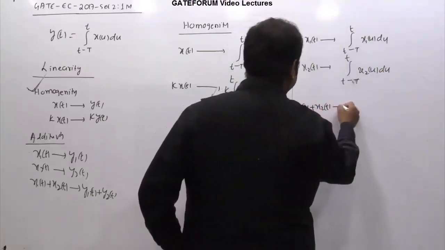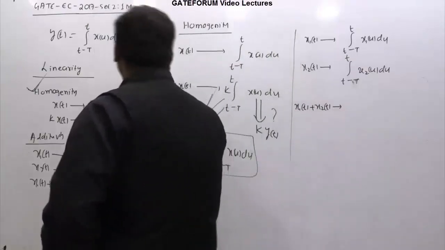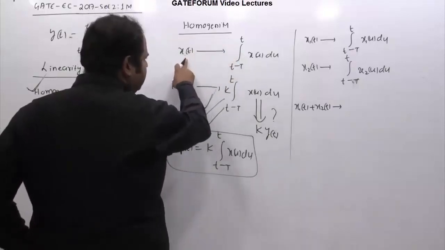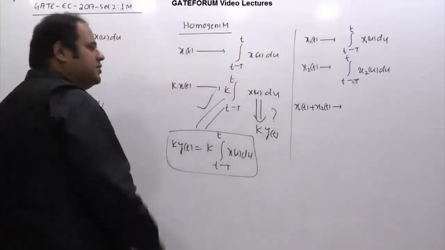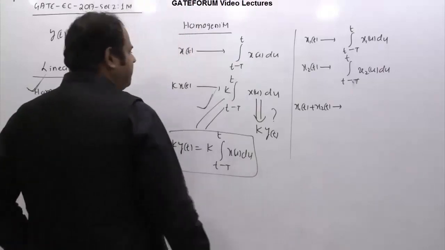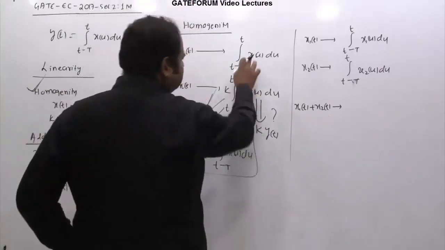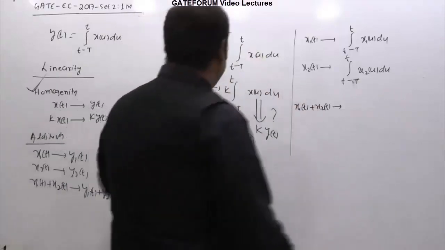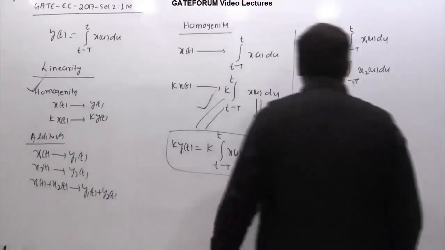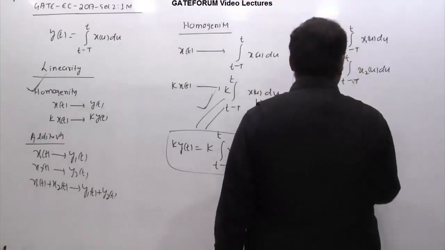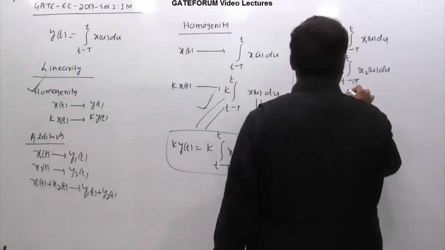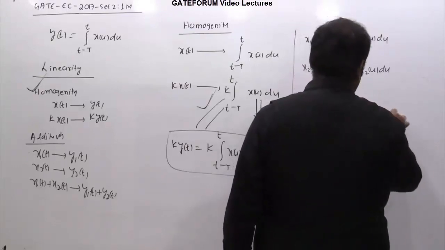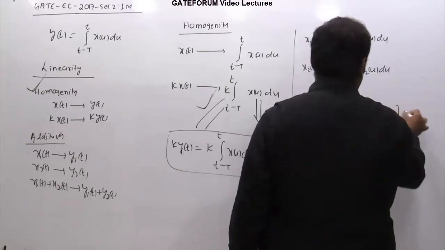Basically, whatever input you give, the system integrates it within these limits, and t is changed to u as the integration happens with respect to u. So again referring to this equation, when the input is x1(t) plus x2(t), the output will again be in the limit of t minus T to t, and this becomes x1(u) plus x2(u), all multiplied by du.